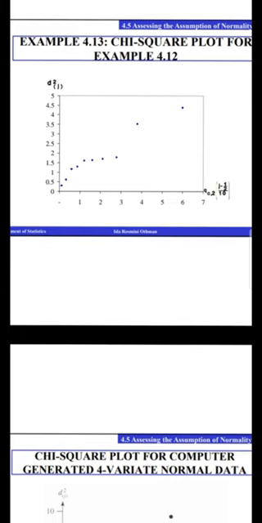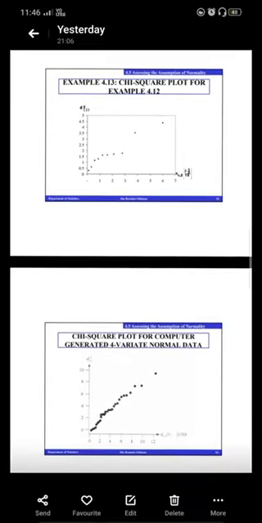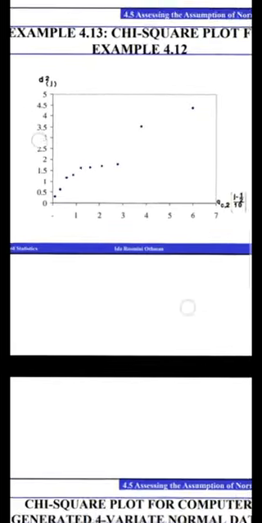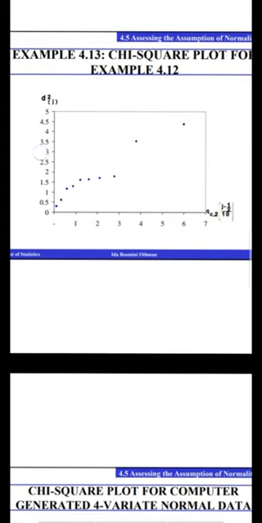Okay, so how to observe the chi-square plot? How to know whether the two variables are bivariate normal? Okay, actually it's the same as a QQ plot. We observe the plot whether it lies on the straight line or not.